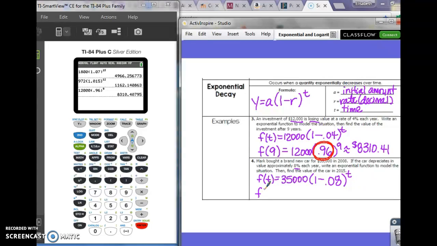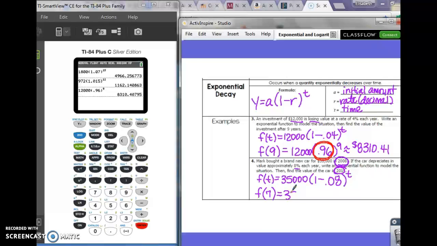Then f of, because I'm trying to determine what's the value of the car in 2015. Since the car was purchased in 2008, I'm trying to find the value in 2015. That's 7 years after purchase. So I'm calculating f of 7, or plugging in 7 years.